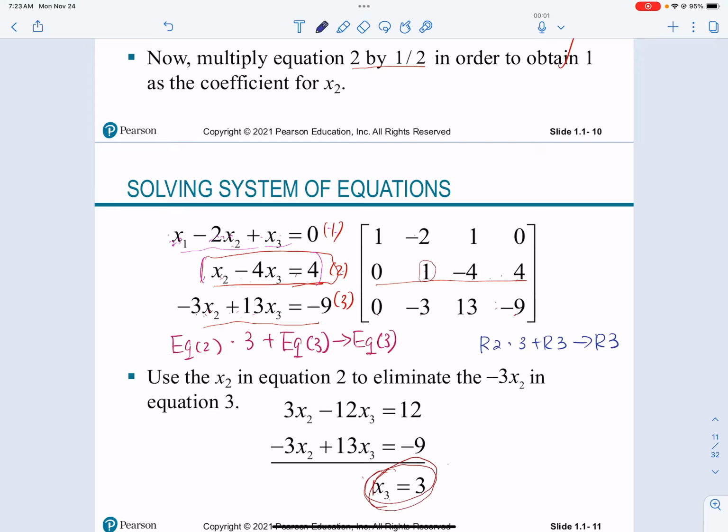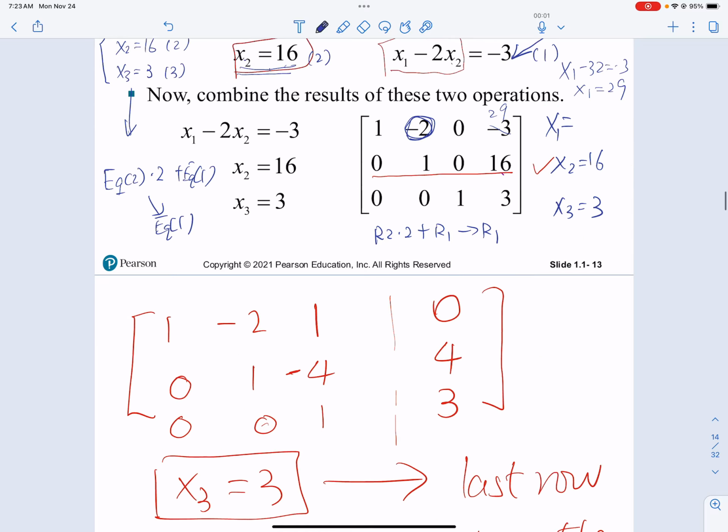And if you divide both sides of the equation by the same non-zero number, will it change the solution? No. And if you add a multiple of one equation to the other equation, will this change the solution? No. Okay, and these are called what?